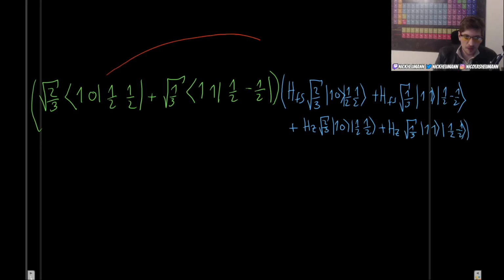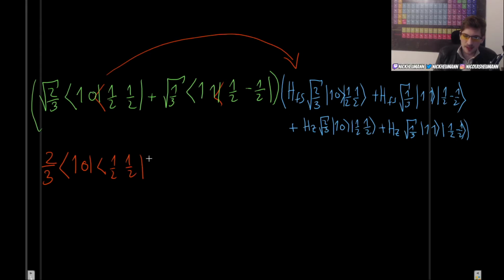So let's begin with this times this. If we do that, we get the square root of 2/3 squared, so we get 2/3, 1, 0, 1/2, 1/2, and the same here. Sorry.